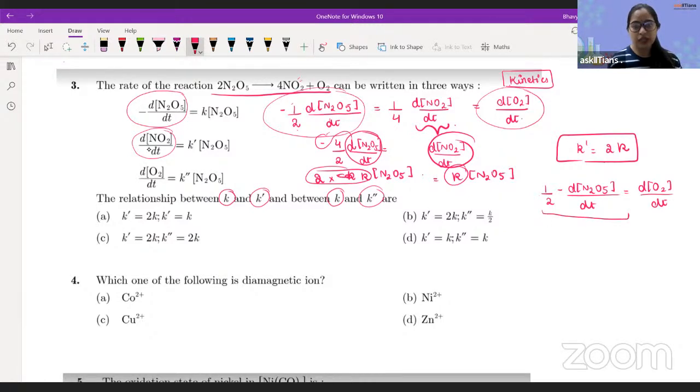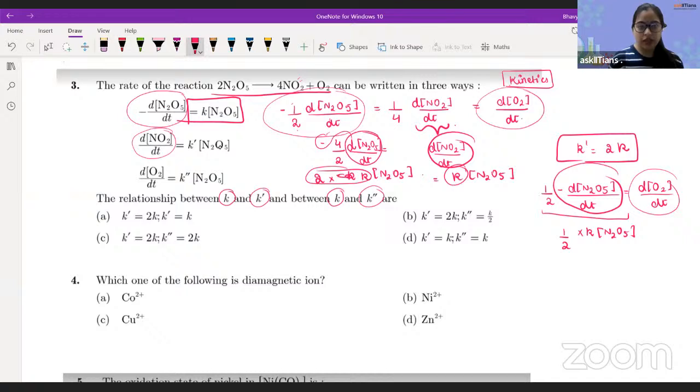So this part can be written as K into [N2O5], because this is part of this information. Its value is given here. Now d[O2]/dt can also be written as K double dash [N2O5].